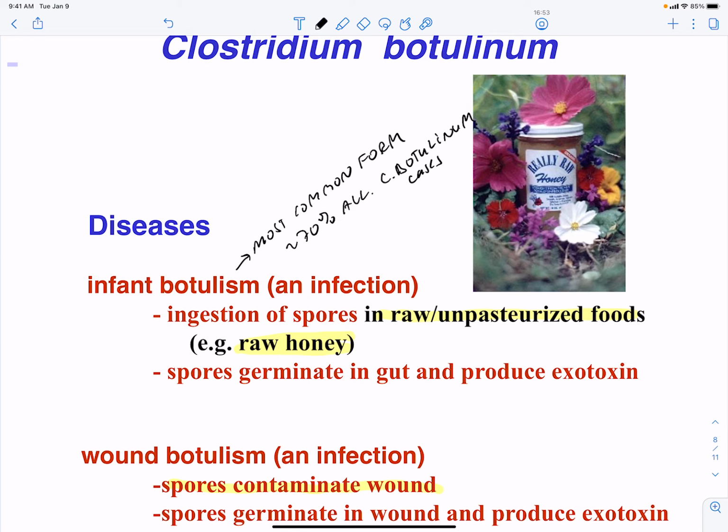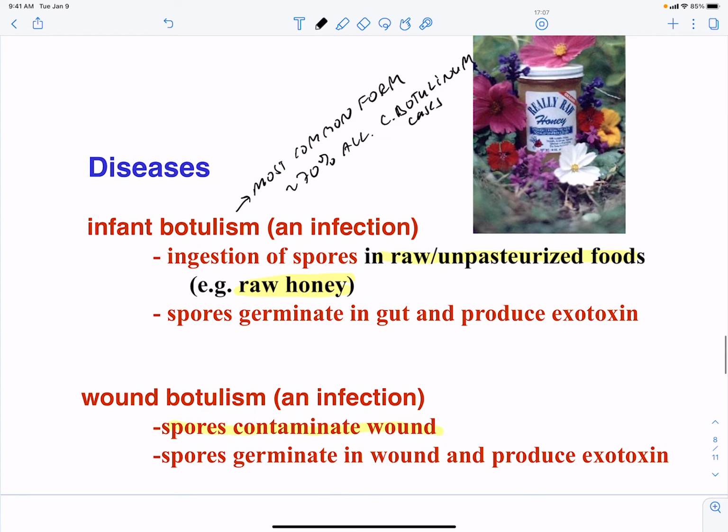And the cases are going to be sporadic. And honey is really the only known risk factor, although there are some cases that do not have a known honey exposure for the infant.